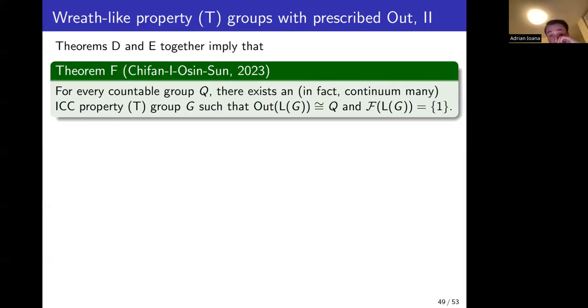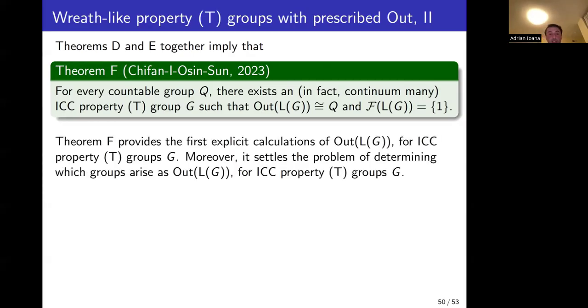So this means that the outer automorphism group of the von Neumann algebra of a property T group can be any countable group. And remember that Connes proved in 1980 that Out of L of G is always countable when G has property T and is ICC. And here we proved that it can be any countable group.